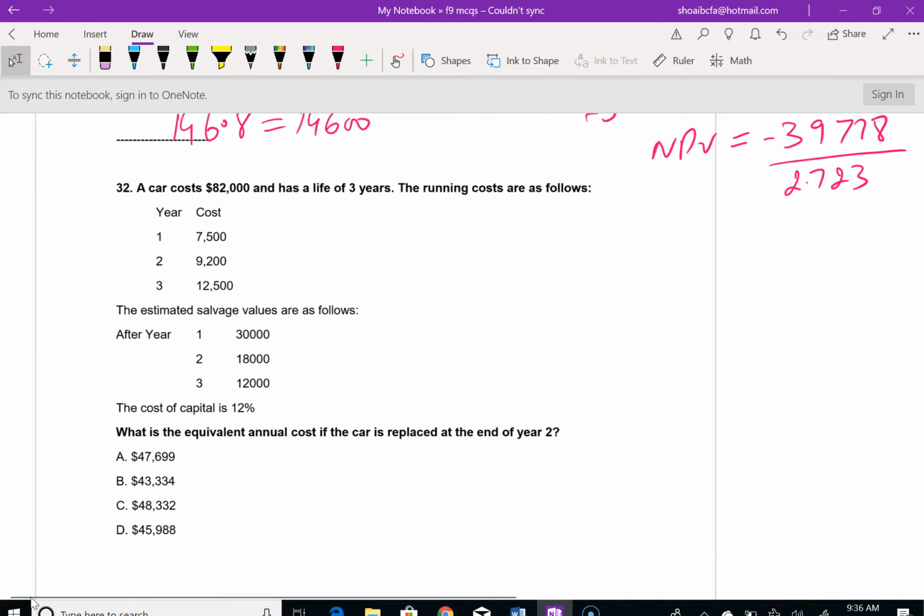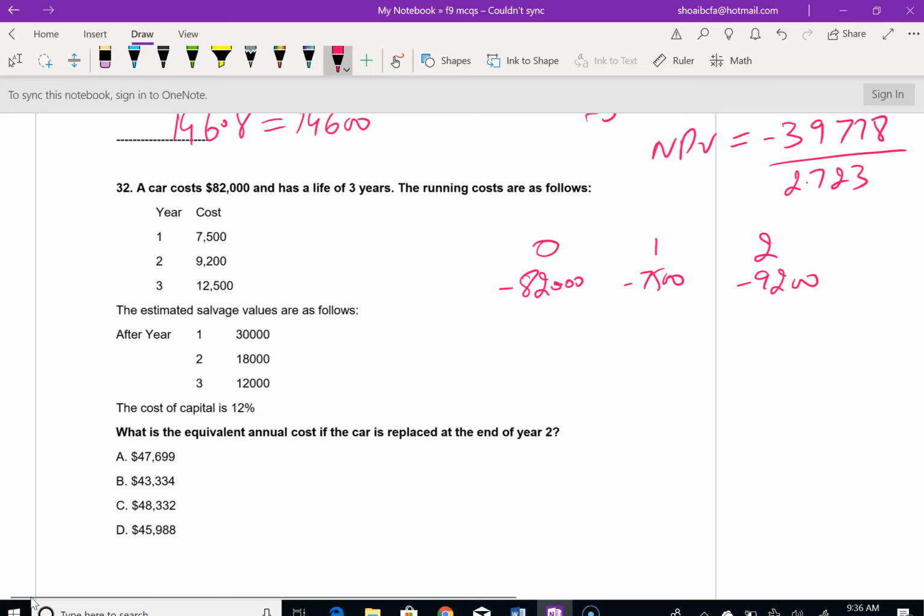Question number 32. A car costs $82,000 and has a life of 3 years. The running costs are, in year 1, 7,500, year 2, year 3, then the estimated salvage value. What is the equivalent annual cost if the car is replaced at the end of year 2? Okay, year 0, 1 and 2. This is 82,000, obviously negative. 7,500 the operating or running cost. 9,200 minus.